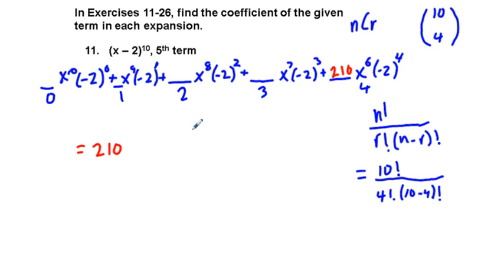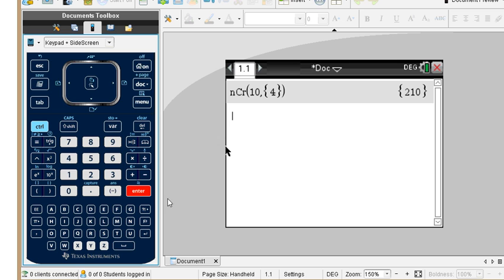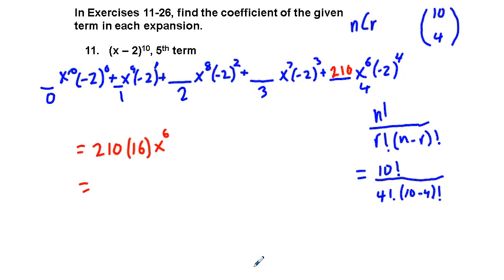Negative 2 to the 4th power is going to be 16, and then we're going to have x to the 6th. So 210 times 16 gives us 3,360.